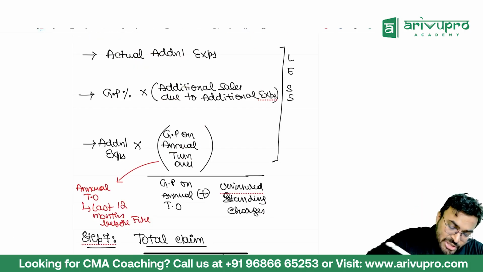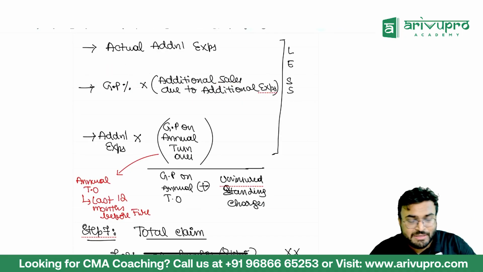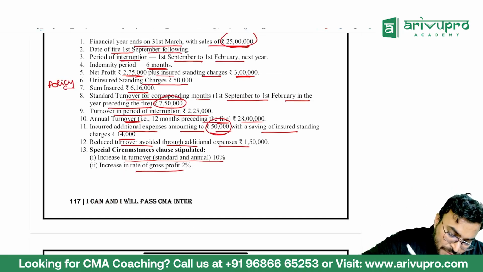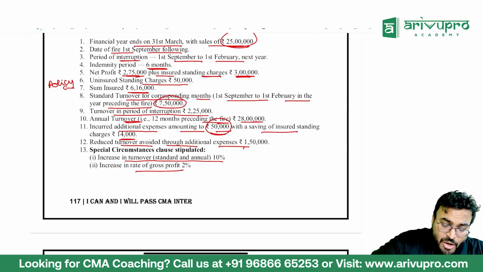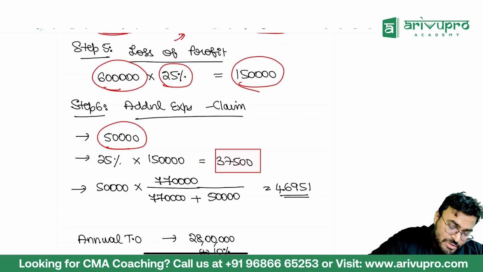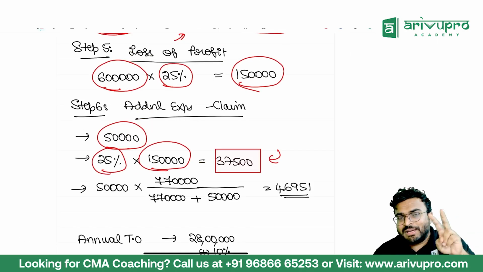What is the second step? Second step they said gross profit percentage into additional sales due to additional expenses. Apply the gross profit percentage. How much sales extra they made because of additional expenses? 1,50,000. So our next step is going to be 25% into 1,50,000, 37,500. Second step.